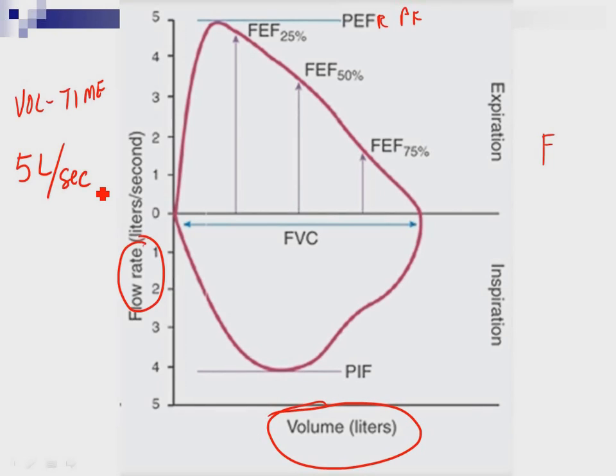How many liters per minute is that? Oh boy. 5 liters per second times 60 seconds per minute, 300 liters per minute.